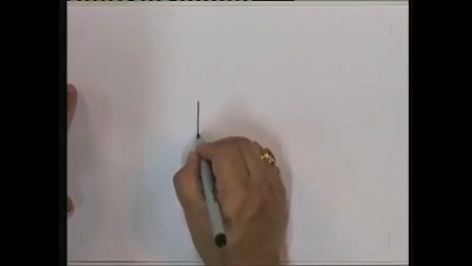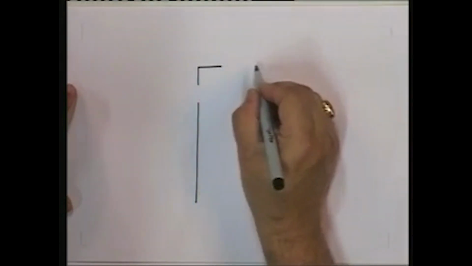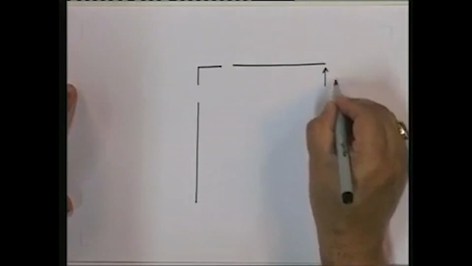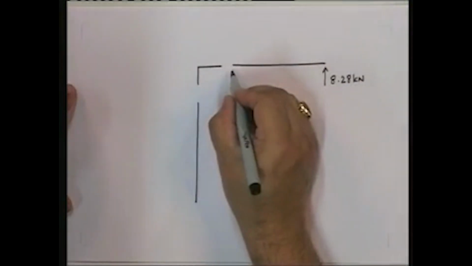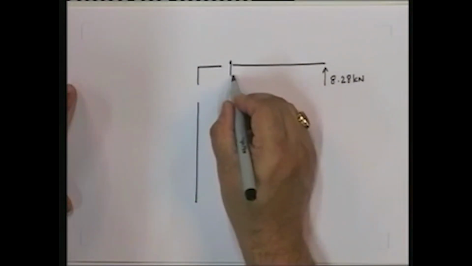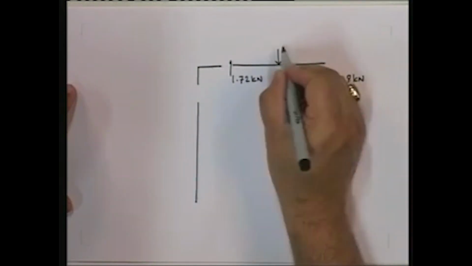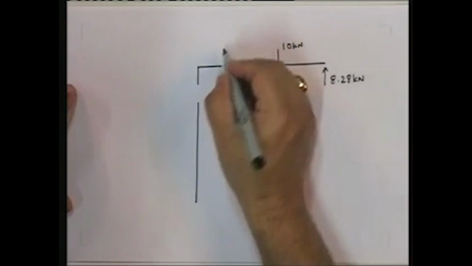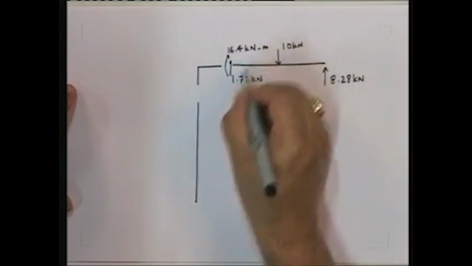So now I have already done this, so I'm just going to put them down. 8.28 kilonewton here, 1.72 kilonewton, load 10 kilonewton, moment over here is 16.4 kilonewton meter.